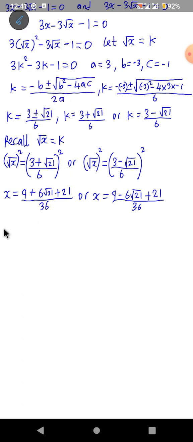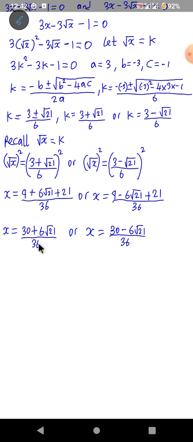Now we say x equal to, 9 plus 21 will give me 30, plus 6 root 21 all over 36, or x equal to 9 plus 21 will give me 30 also, so we say 30 minus 6 root 21 all over 36.